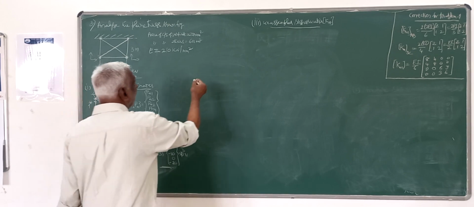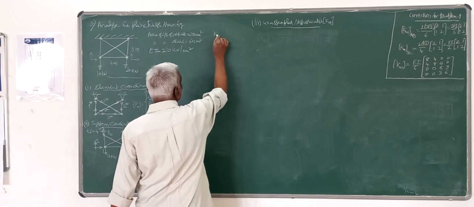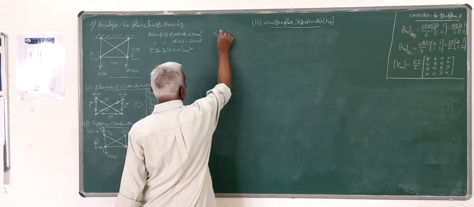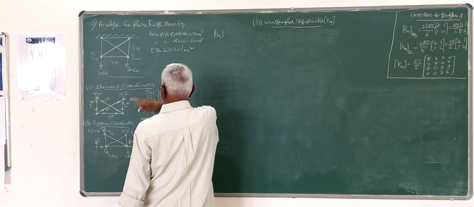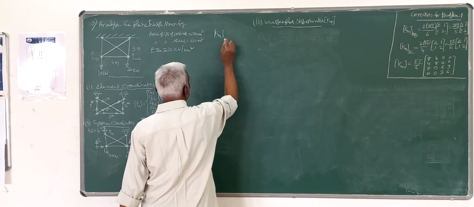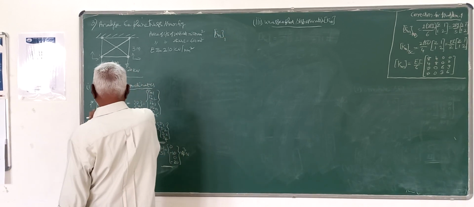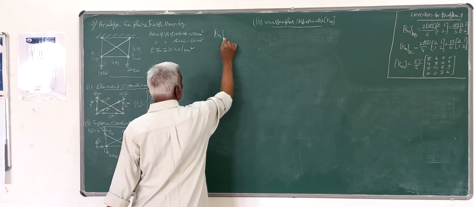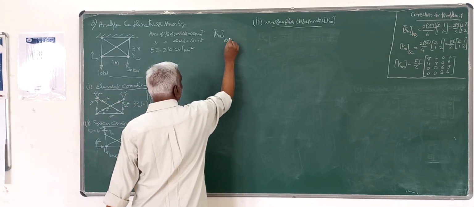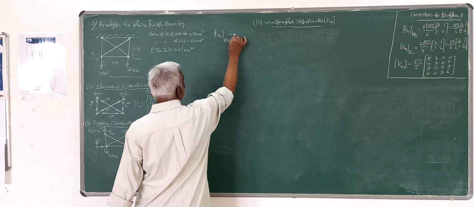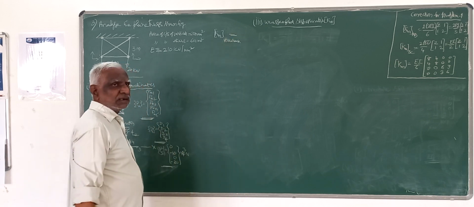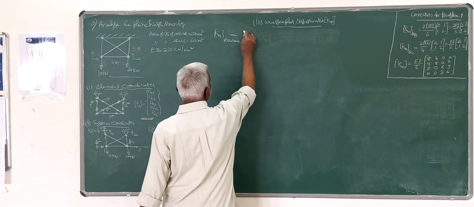So here I will generate the Km for member 1, that is vertical members. First I will determine Km of vertical member, that is equal to AE by L.